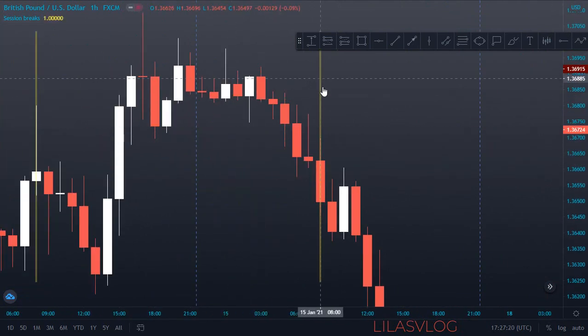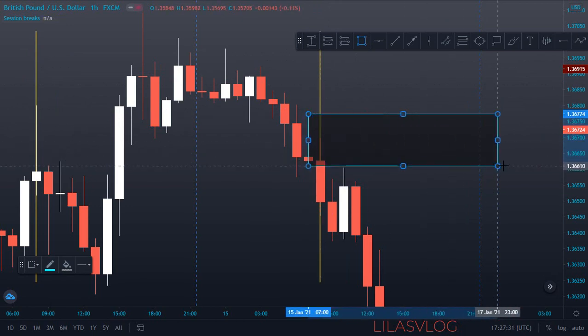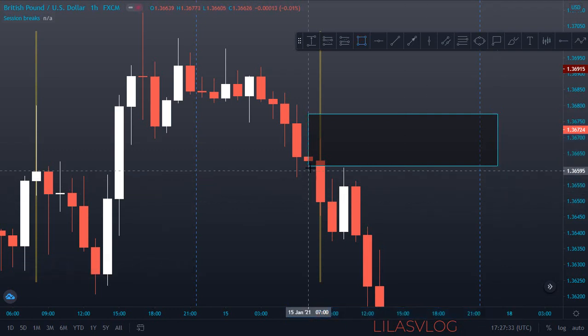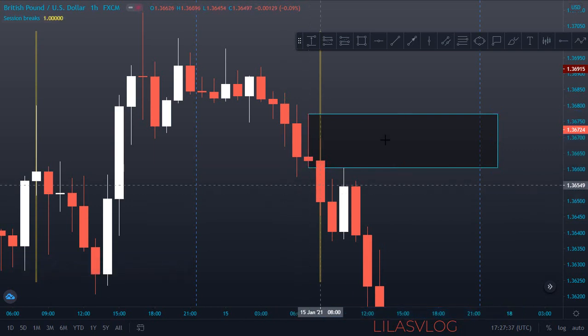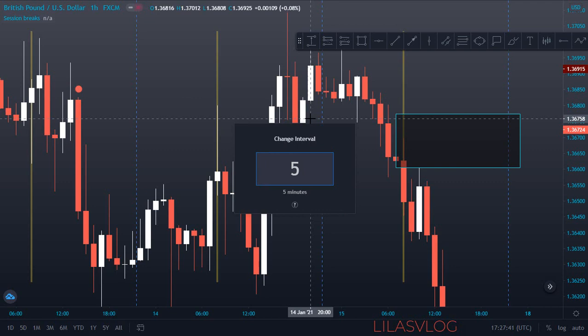So this is the yellow line, 8 a.m., and I am going to mark the highest and the lowest price of the previous candle, the 7 a.m. You have to measure it correctly because it is very important, and then go to the 5 minutes time frame.